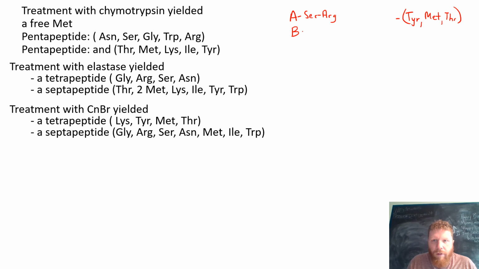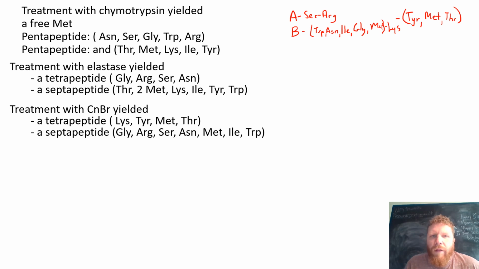Then we've got our hexapeptide, where we have a lysine at the end: LYS, TRP, ASN, ILE, oopsies, need more space, isoleucine, glycine, and MET, LYS at the end. Okay, so it's either A or B in that sequence.